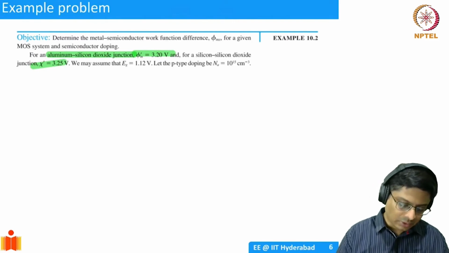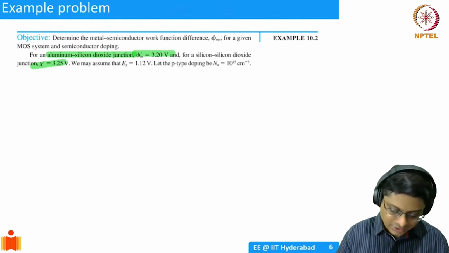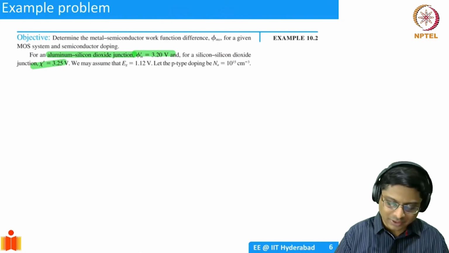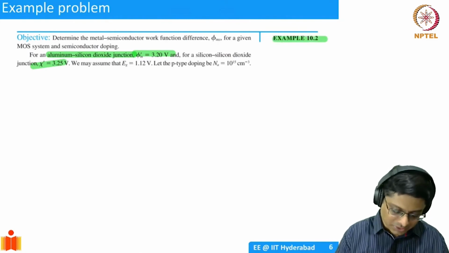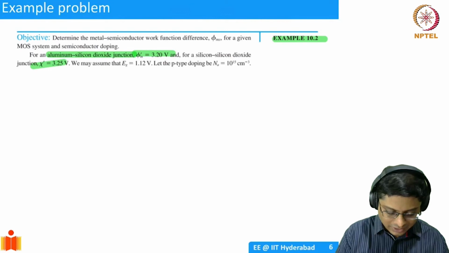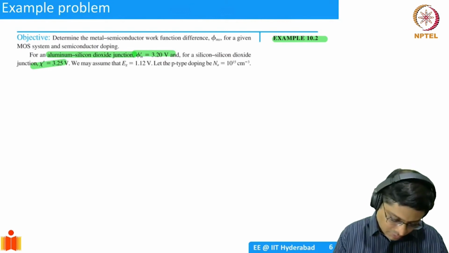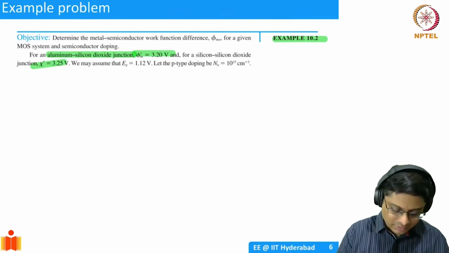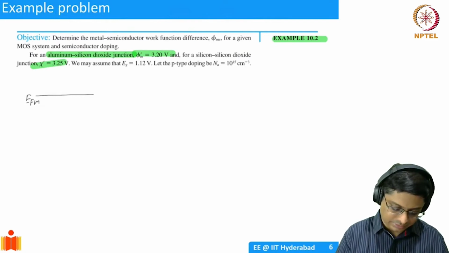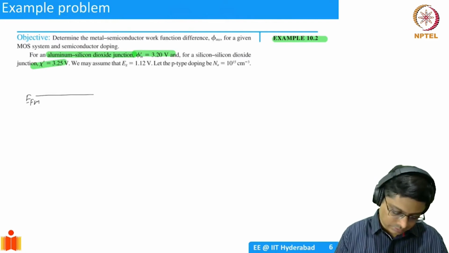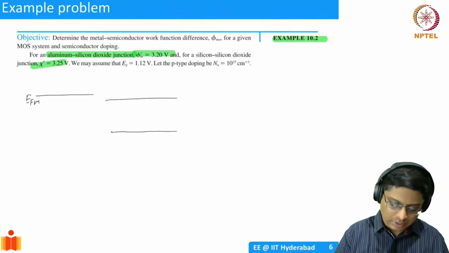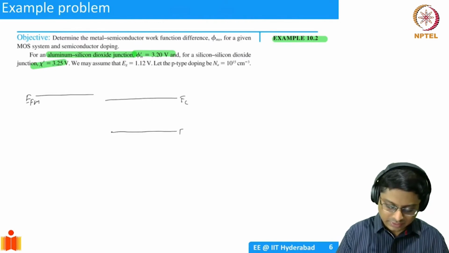There's a small change in the notation here. This is taken from the textbook, so you can go back and refer to it. The textbook uses a slightly different notation. If you have an aluminum gate, let's say this is EF of M, and then you have EC, EV.